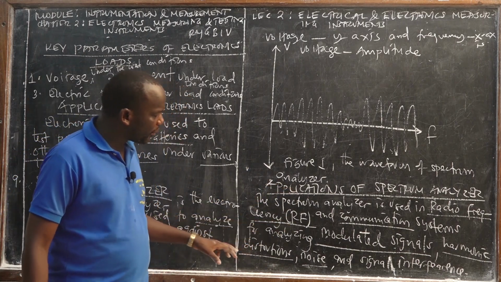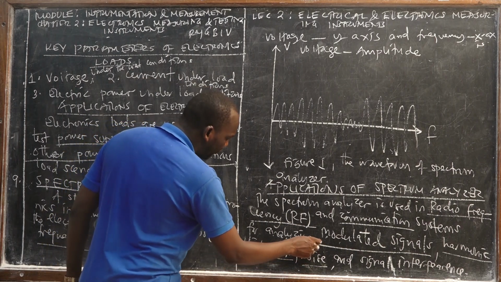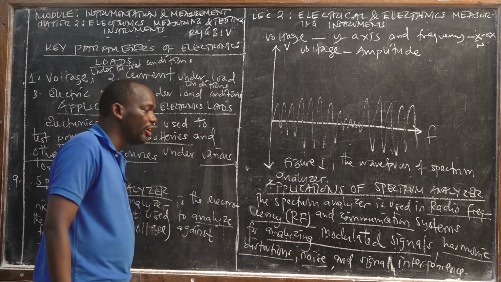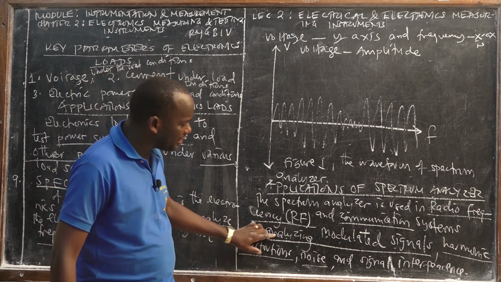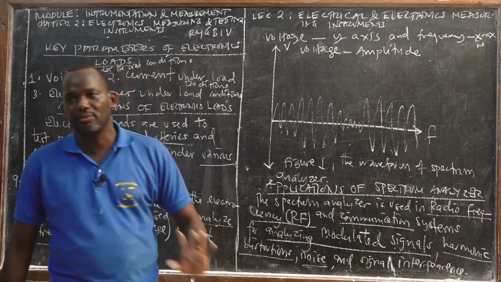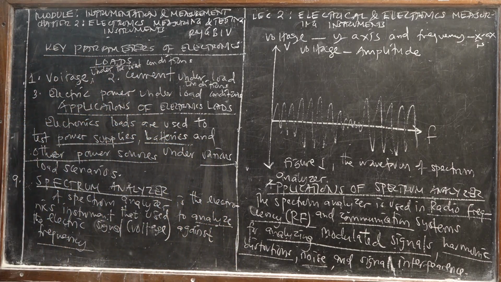So in this radio frequency and communication system, what is the main function? The first application is analyzing modulated signal. Say analyzing modulated signal.